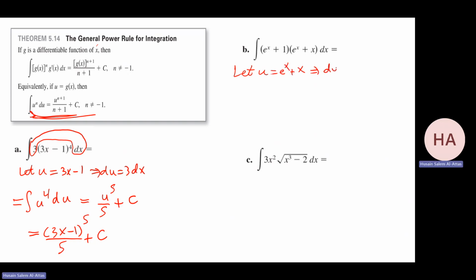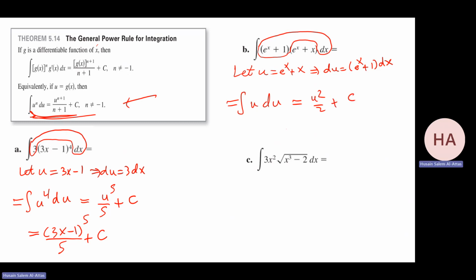What will be du? It will be e to the x plus 1 dx. So this will be my du. So the integral will be u du. That's it. Using the rule, I have u squared over 2 plus c. So it will be (e to the x plus x) squared over 2 plus c.